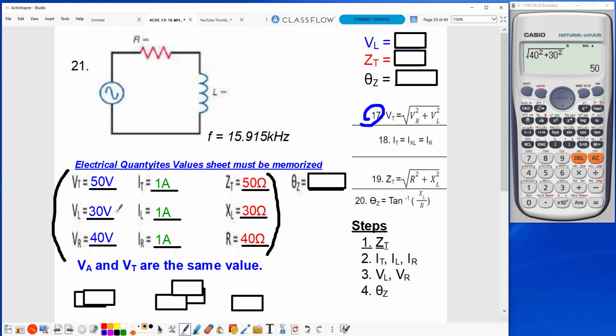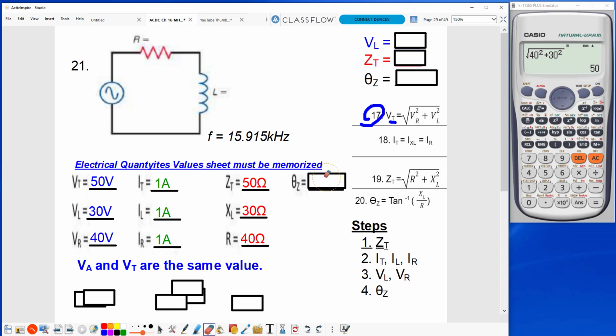They go through the components at a different phase. They're out of phase with one another. So you can't just add it up. To get VT, you have to do the square root of VR squared plus VL squared, because of the phase relationship of the voltage in those two components.